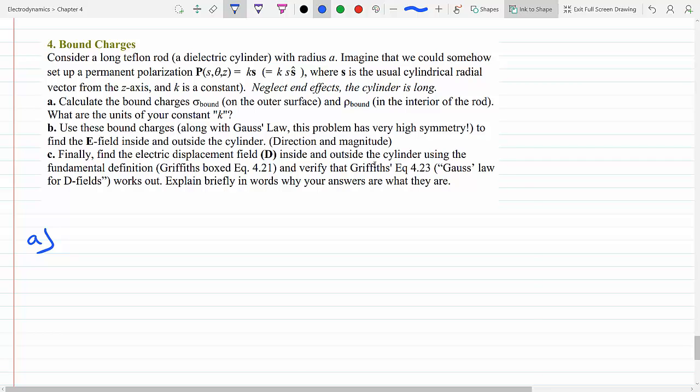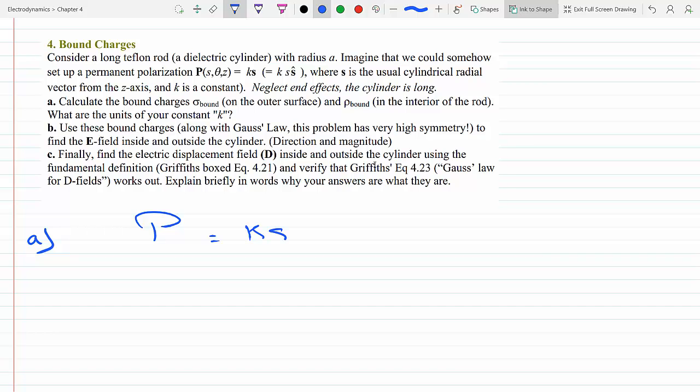All right, so we know that P is equal to Ks in the S direction. So we know that equation 4.11 in your book says that sigma b is equal to P dot n, dotted with the normal vector.